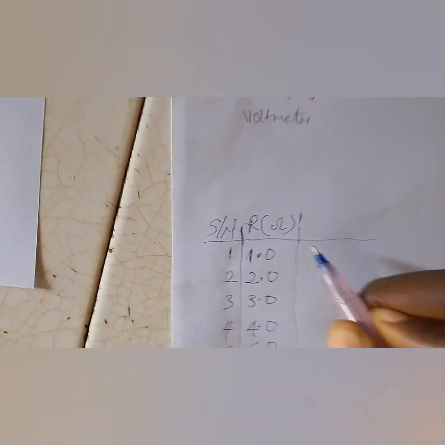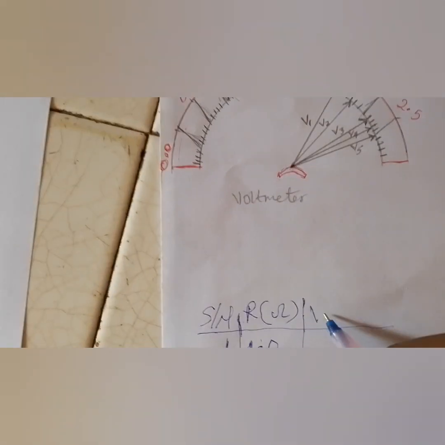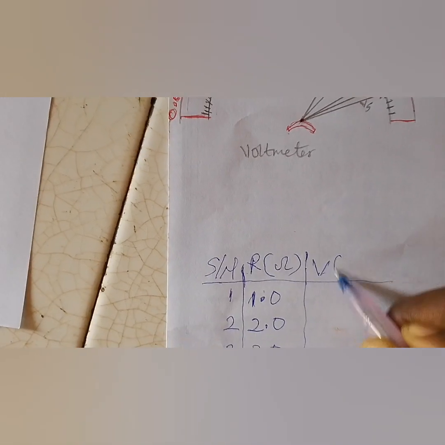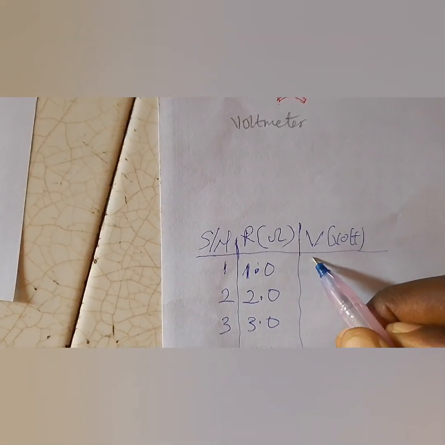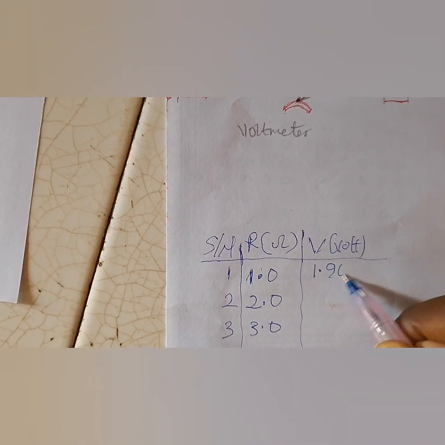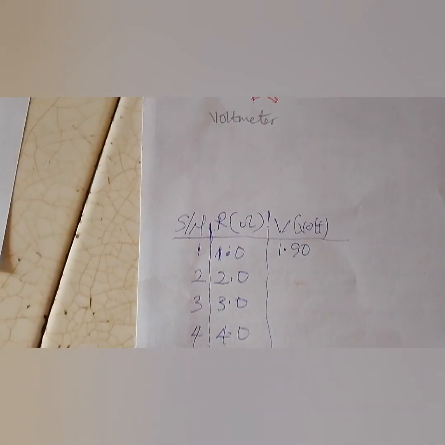So this is 1.9. Sorry, 1.9 rather. So V now is in volt. Don't forget to put the unit. So that is 1.90. Two decimal places. Is that clear?